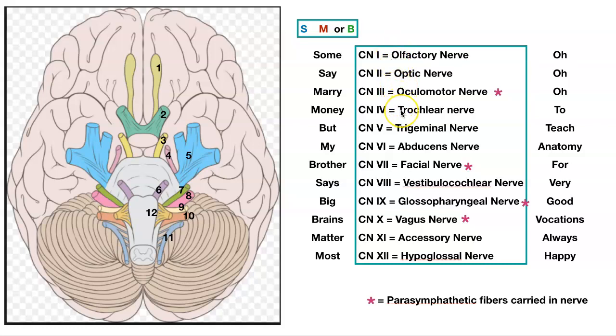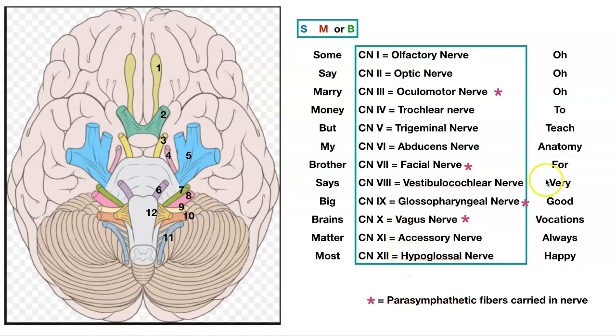Then, trochlear, trigeminal, abducens: to teach anatomy. Facial, vestibulocochlear, glossopharyngeal, vagus: for very good vocations. Accessory, hypoglossal: always happy.